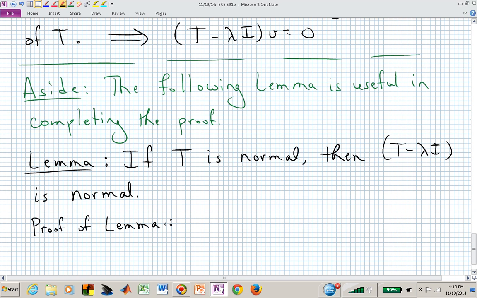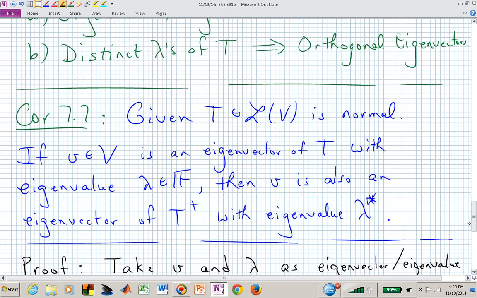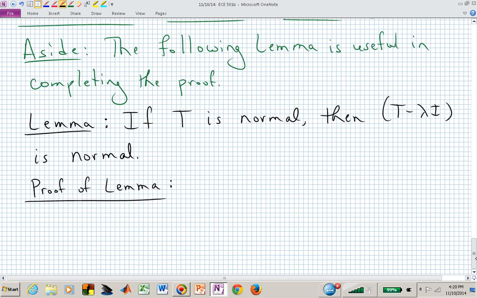And having T minus lambda I normal will be nice in the proof of Corollary 7.7. So let's show that if we start with T being normal, which was one of the given assumptions, the hypothesis in Corollary 7.7, we can conclude that T minus lambda I is normal. Let's show that by proving this lemma.